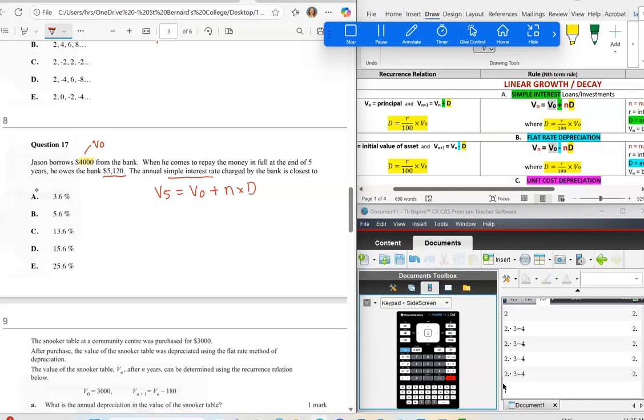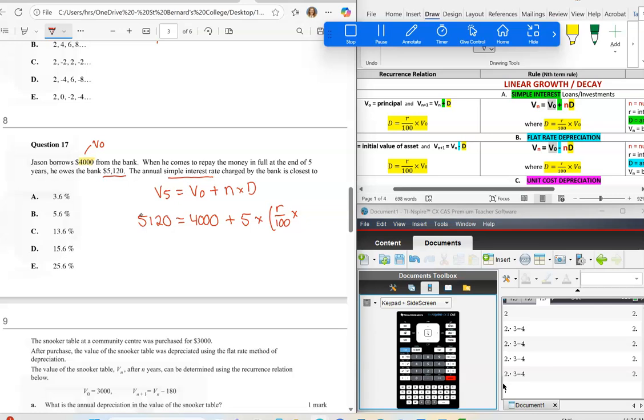All right, so we know that the value after 5 years, so V5, was 5,100. Now, we know it started off at 4,000. This is 5 years. Now, times. We don't know what D is, but I can see there's a formula for D. So I'm just going to use that because in that formula for D is the R, which is what I need to know.